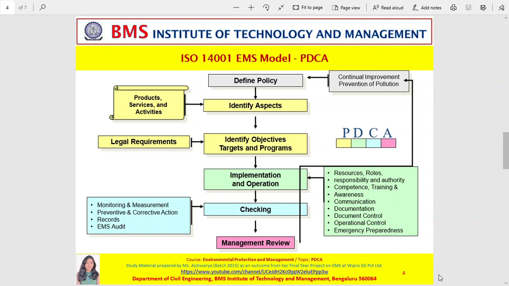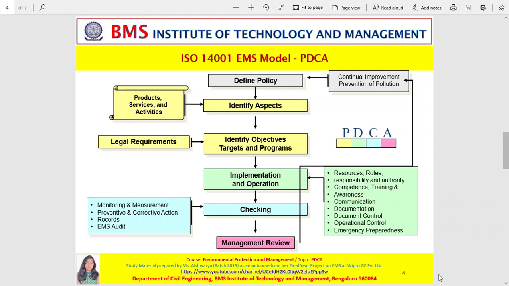An EMS is based on the ISO 14001 standard, which is a standard that deals with the establishment and maintenance of an environmental management system. There are many benefits of implementing an environmental management system, but there are also barriers to the implementation of an environmental management system.